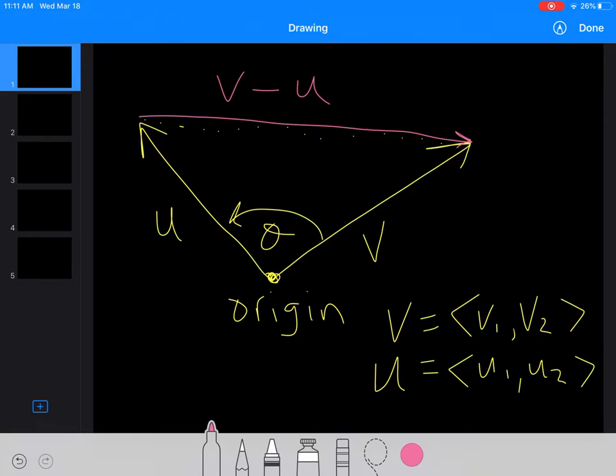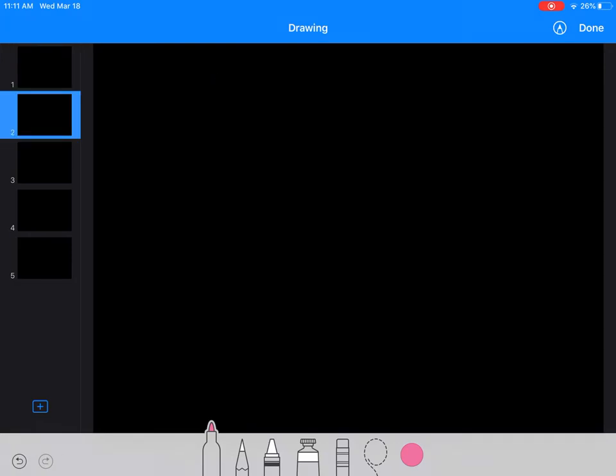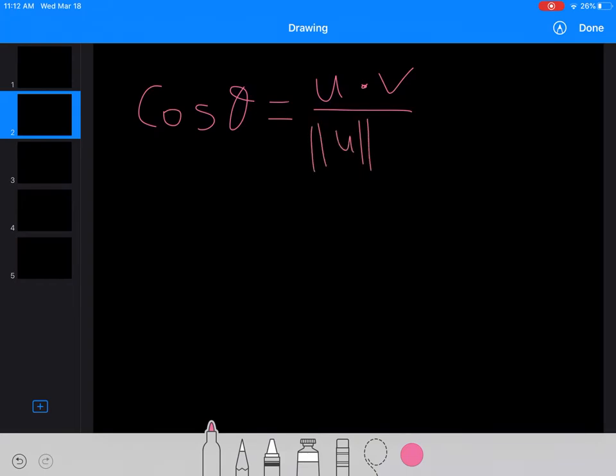Okay, so let's look at the equation that we're going to use to solve these problems today. It's going to be cosine of theta is equal to the dot product of u and v over the magnitude of each vector times each other.